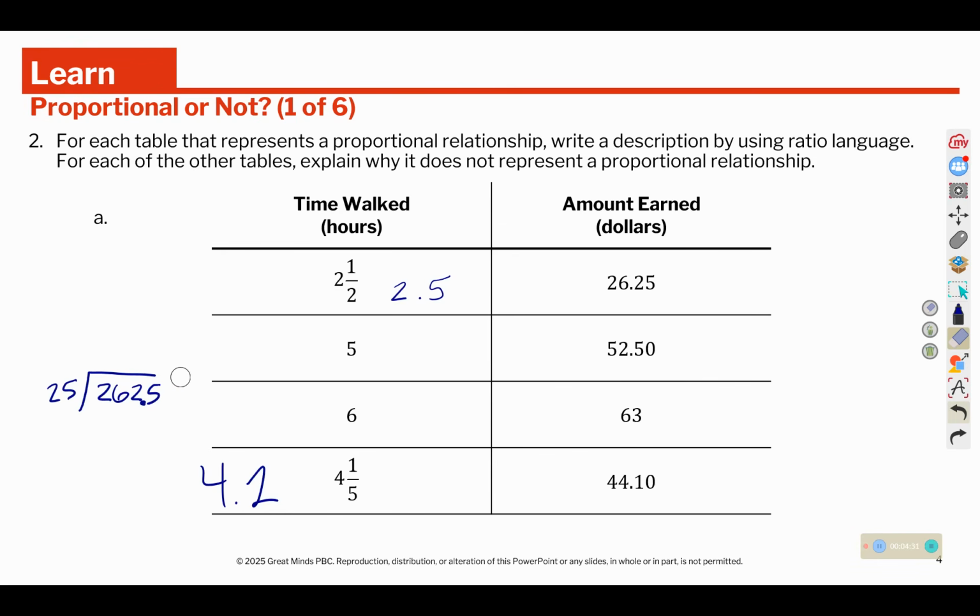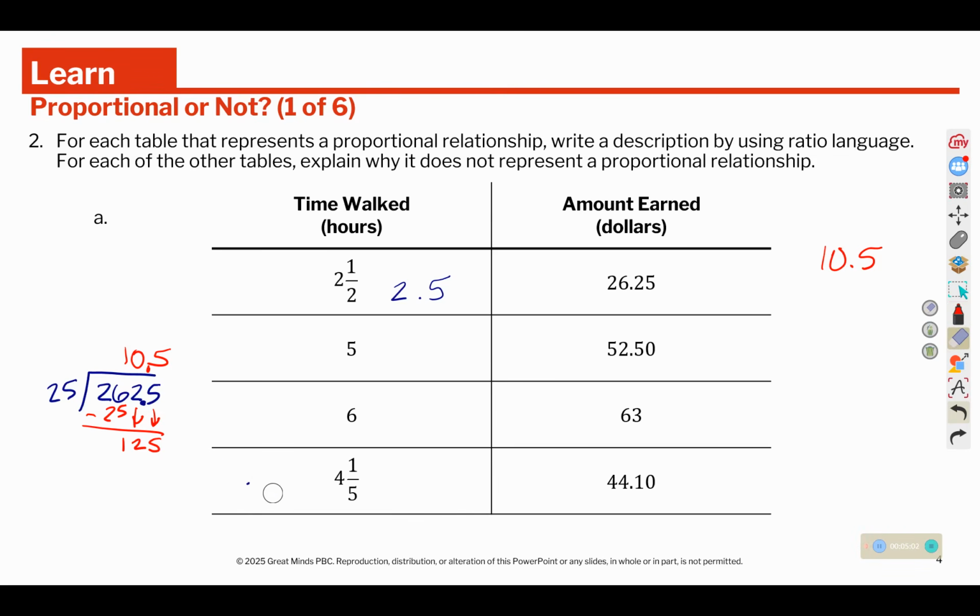So now we're looking at 25, and that fits into 26 one time, leaving us with 1. 25 does not fit into 12, so we'll put a 0 there and bring down the 5. Make sure your decimal is lined up. 25 fits into 125 5 times. So this first one has a unit rate of 10.5.